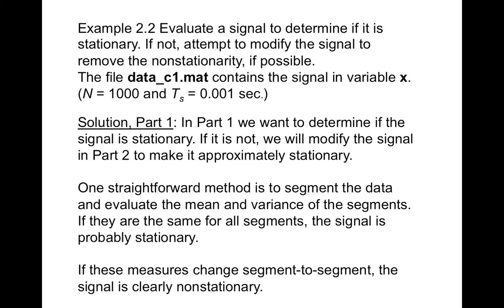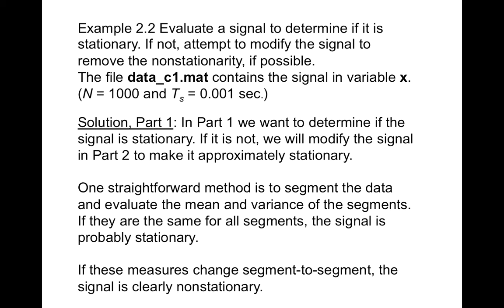There are lots of different ways to do this. One possibility is just to segment the data into a number of segments and then look at the mean and variance and see if they're the same everywhere. There's no clear guideline for what the length of the segment should be, but it should be reasonable.